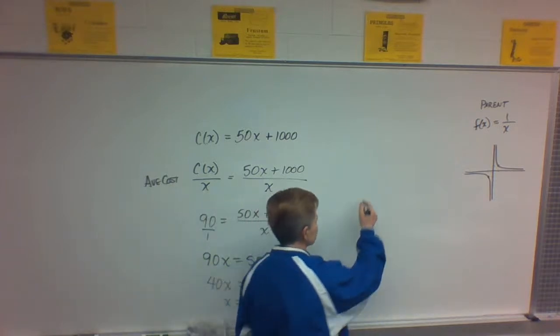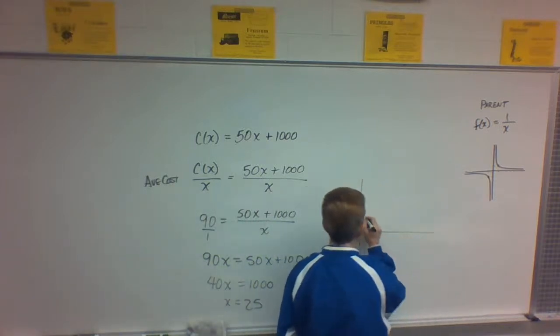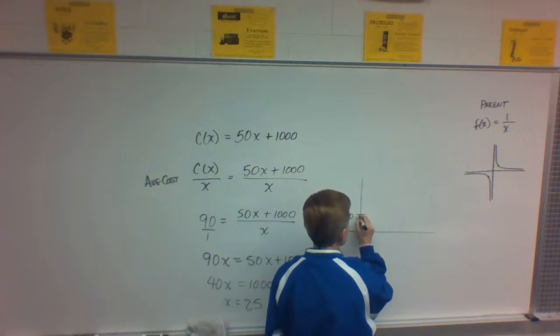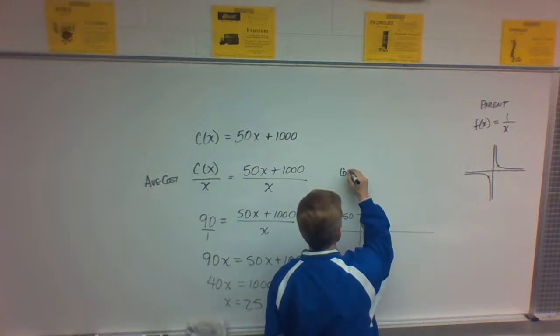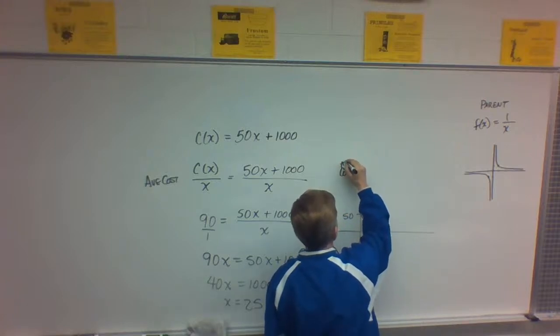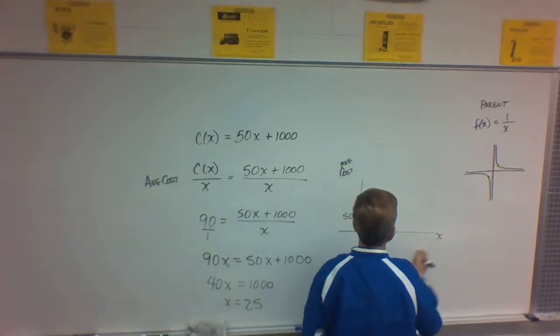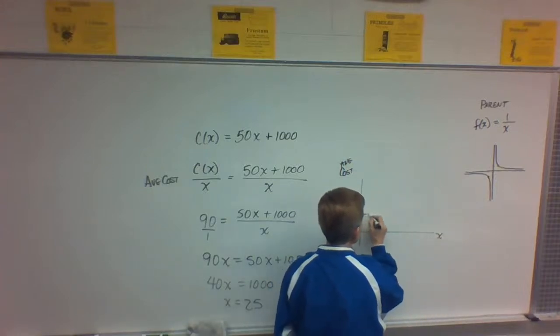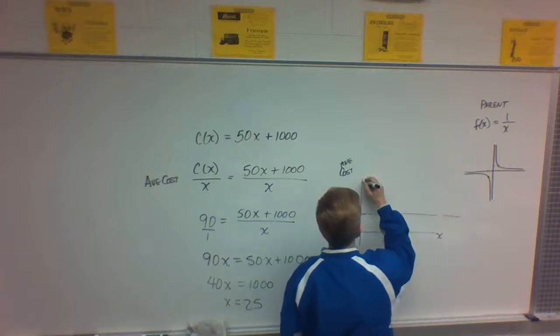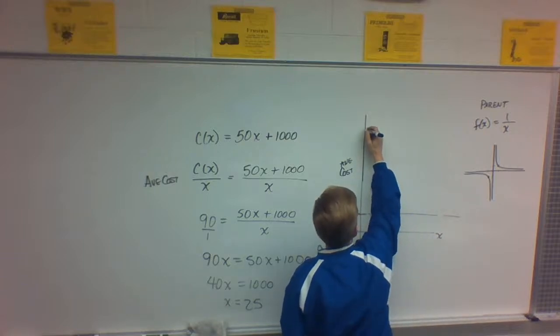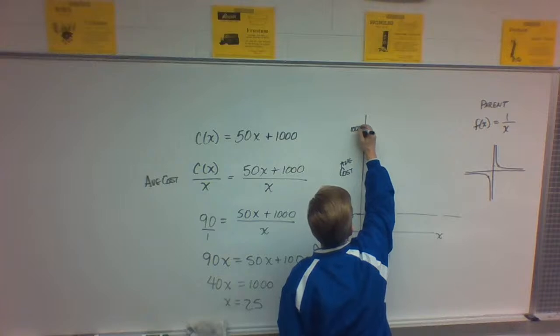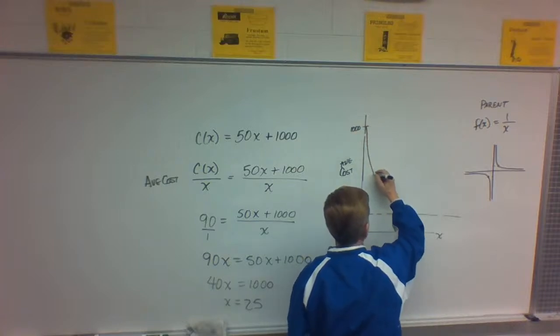So what we're saying here, folks, is if you were to graph the cost function, $50 up here, where this is your average cost, and this is the number of items that you make, there's going to be an asymptote here. It started way up here at $1,000, and it came down swiftly from there.